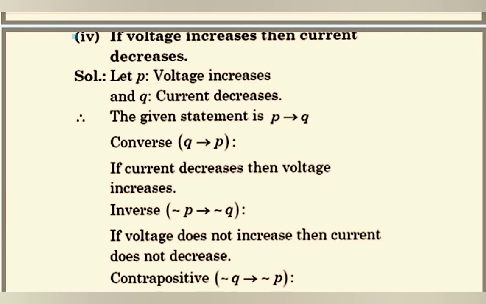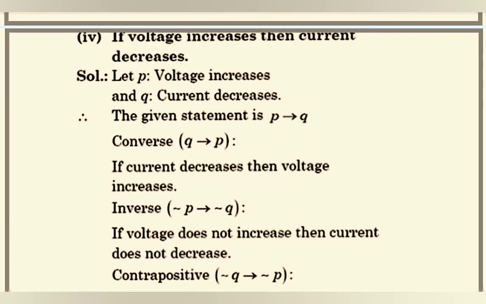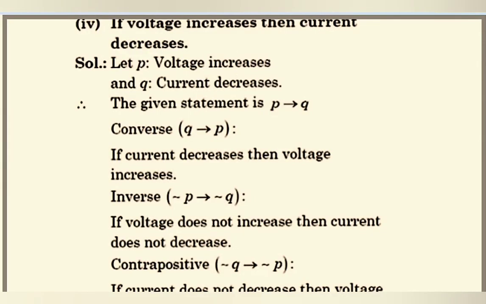Next question. If voltage increases then current decreases. Solution. P statement: voltage increases, Q statement: current decreases. Symbolic form is P implies Q and converse is Q implies P. Means write Q statement first: if current decreases then voltage increases. This is the converse.